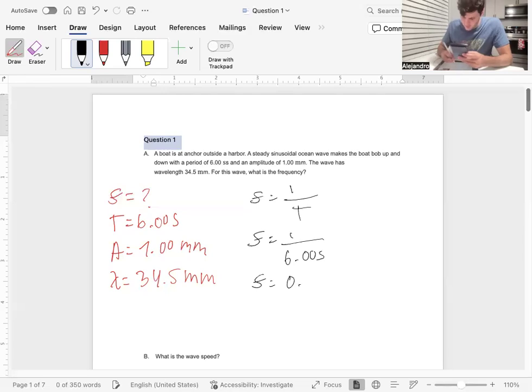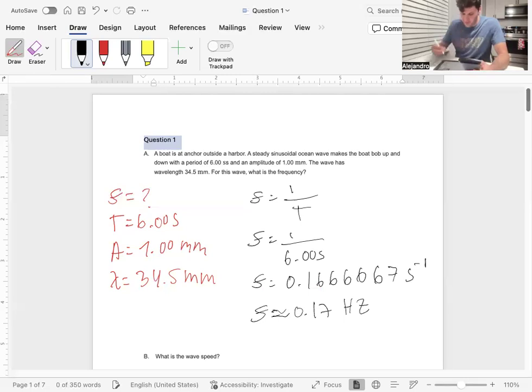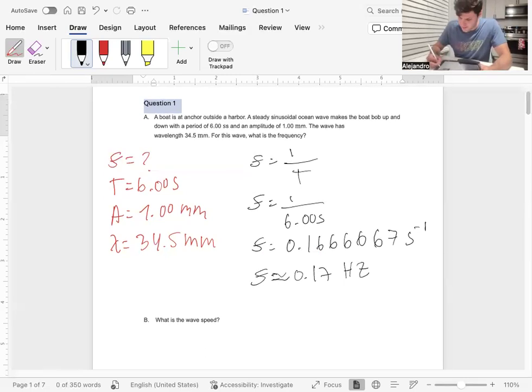The frequency will be 0.1666667 second to the power of -1. That's roughly 0.17 hertz. Okay, that's the answer for frequency.